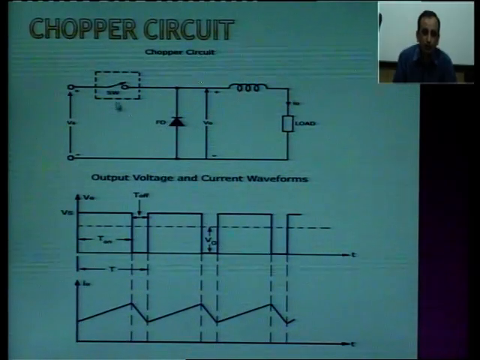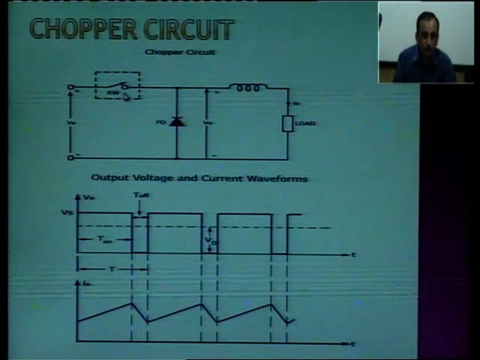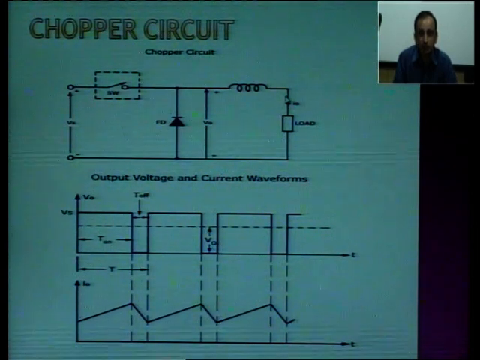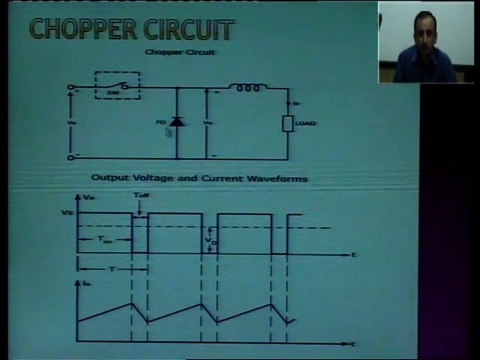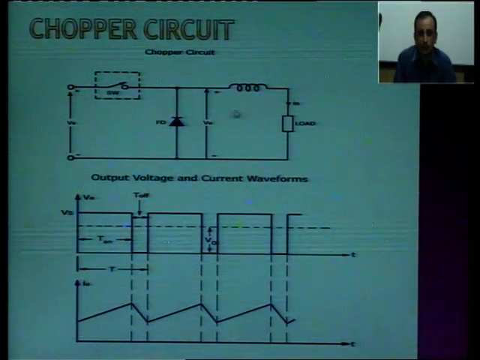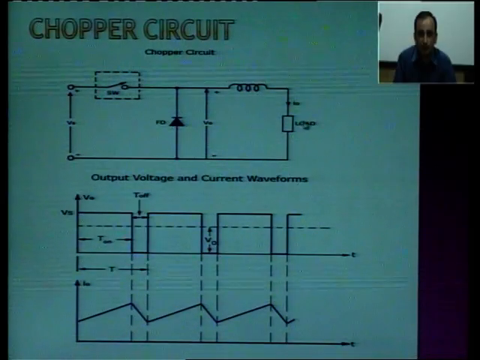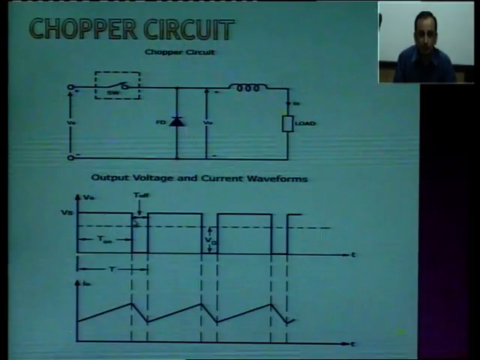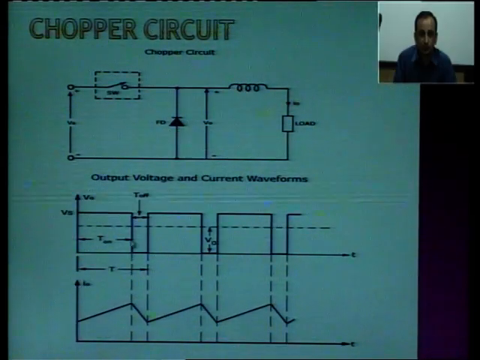Whenever we turn on this switch, we close this switch, what happens? This voltage is applied across your load. The freewheeling diode is reverse biased, so it will not conduct. So the whole voltage that is here is applied across this inductor and across your load. We can see that whenever it is turned on, we get the voltage, this particular waveform you can see here.